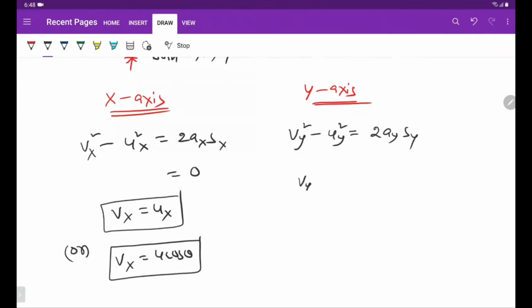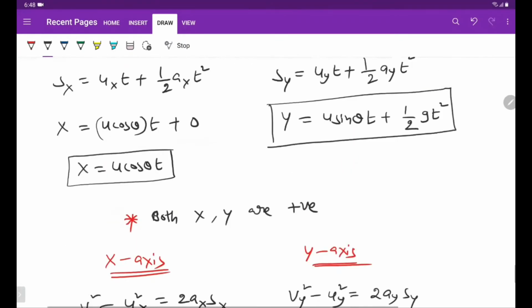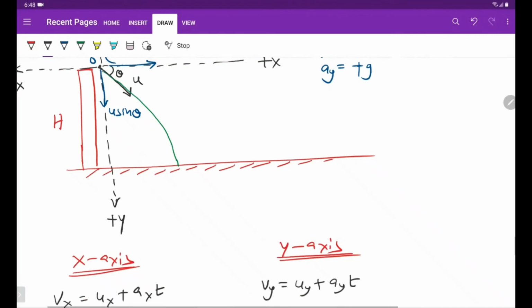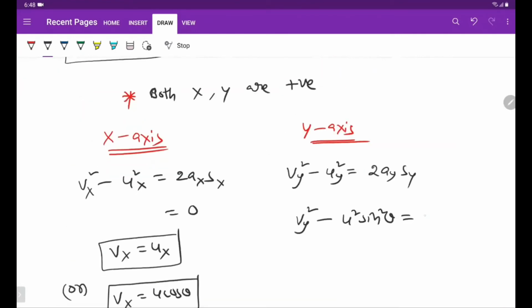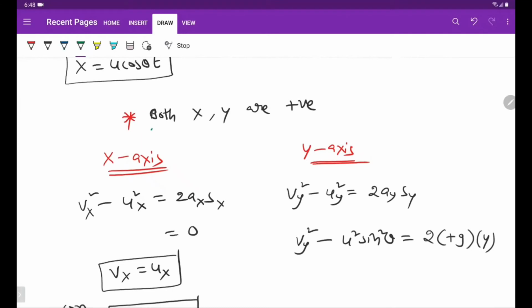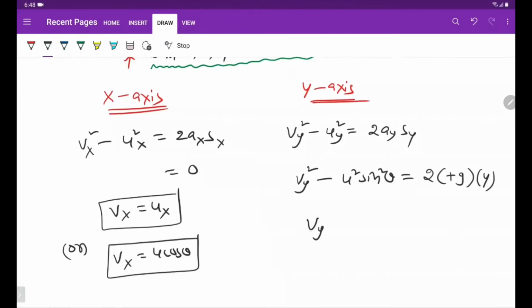Here Vy is the final velocity, and Uy square is u square sine square theta, since the vertical velocity is u sine theta. Ay is plus g, downward direction, and sy is y, both positive. Very important: x and y are always positive, never negative. Finally, we get Vy is equal to the square root of u square sine square theta plus 2gy.